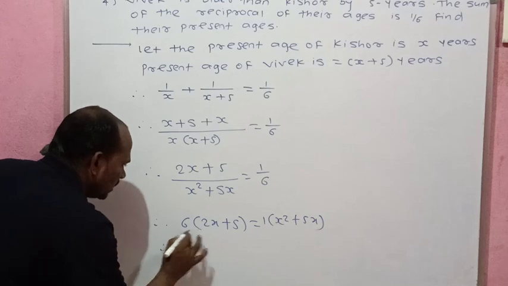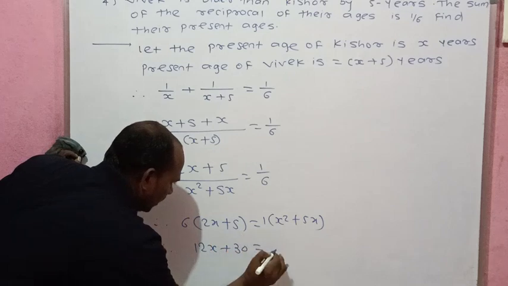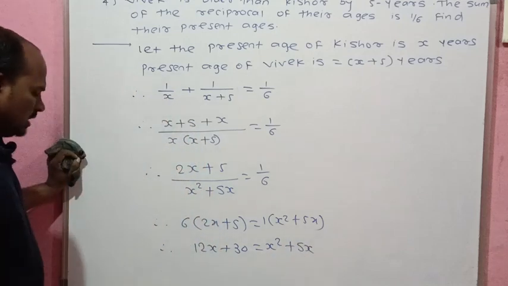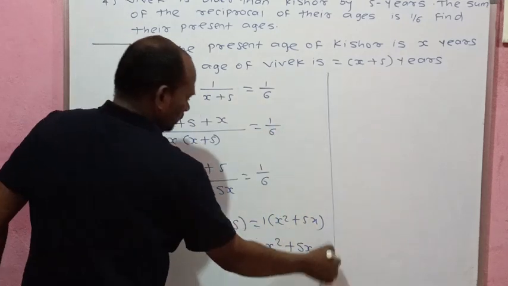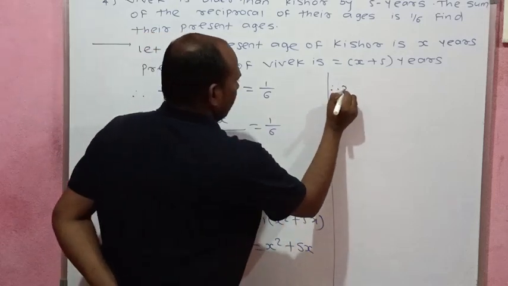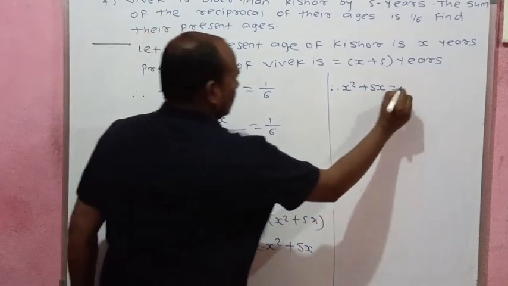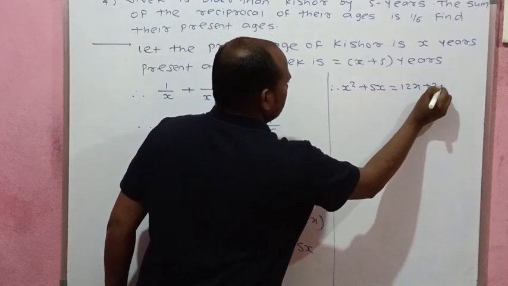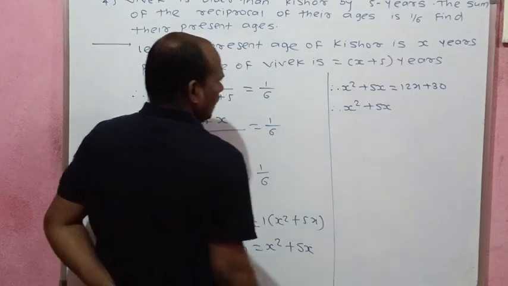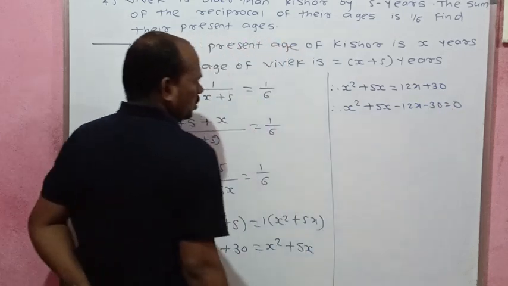Now 6 2s are 12x, 6 5s are 30, is equal to x square plus 5x. Therefore we can write x square plus 5x is equal to 12x plus 30. Therefore x square plus 5x minus 12x minus 30 equal to 0.